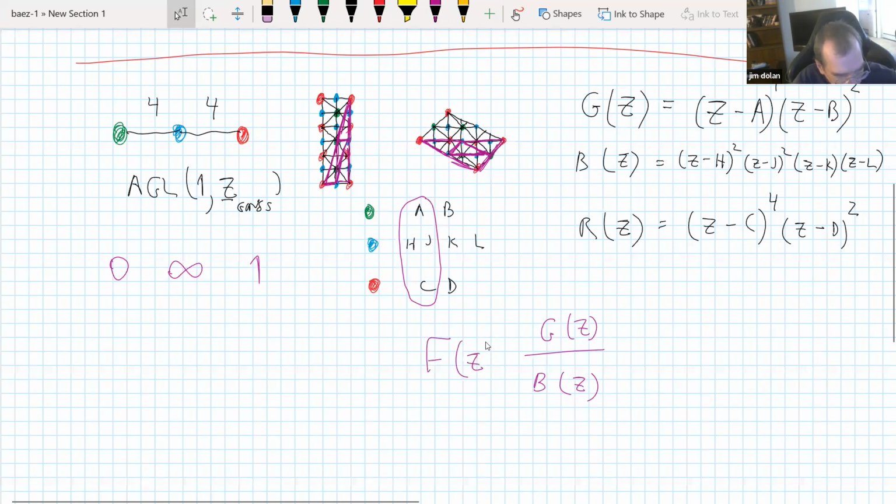This rational function F. This is going to be our Beltrami function. And that tells us some constraints that G and B and R should satisfy.